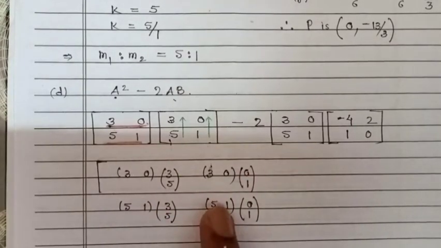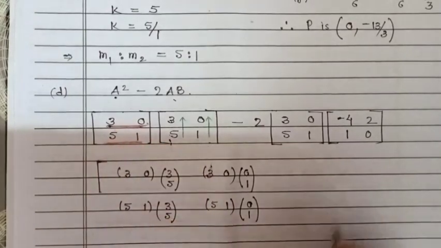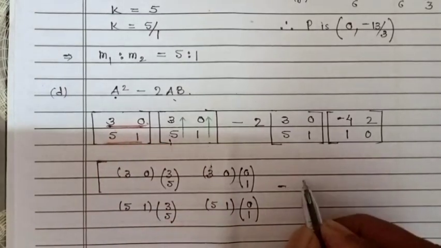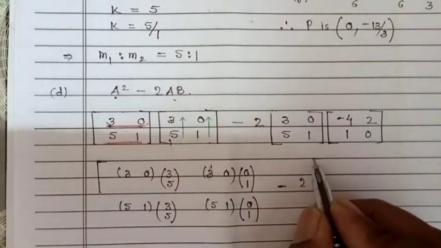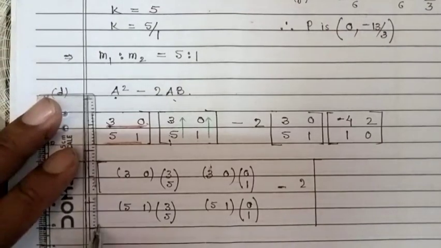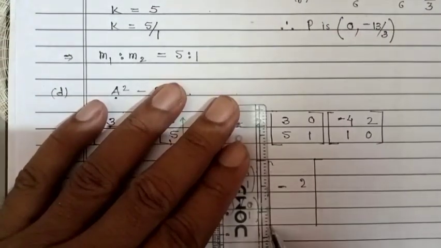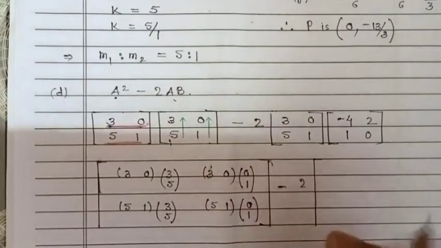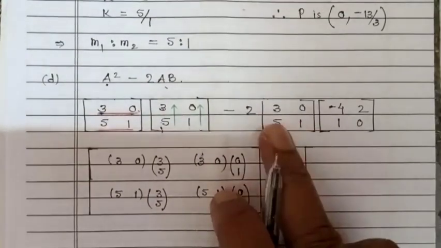So this will give you A square minus 2 times... Now A into B.